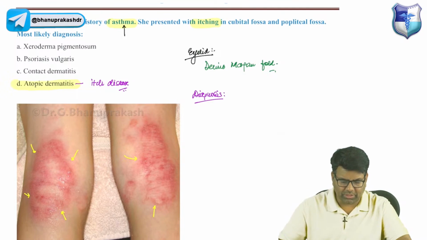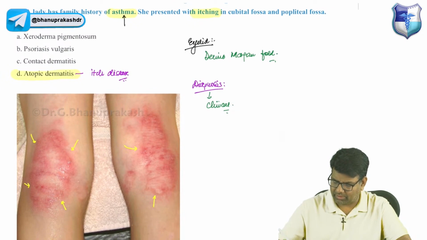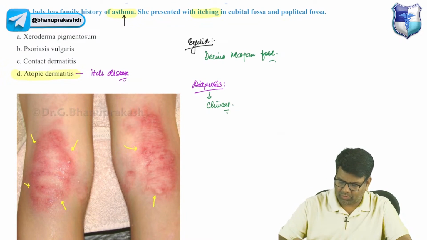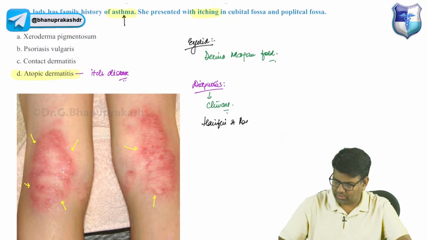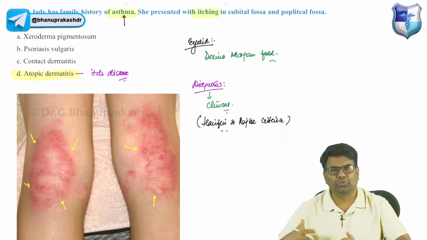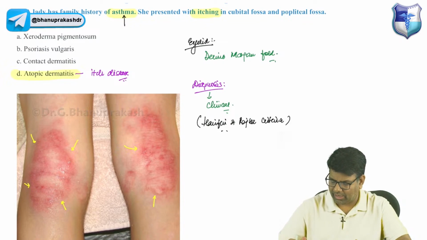The diagnosis is always clinical, right? So you have to take the history, and based on that only you will make the diagnosis. And we use one criteria, the Hanifin and Rajka criteria. So the diagnosis of atopic dermatitis is always clinical, based on the presentation of the patient.